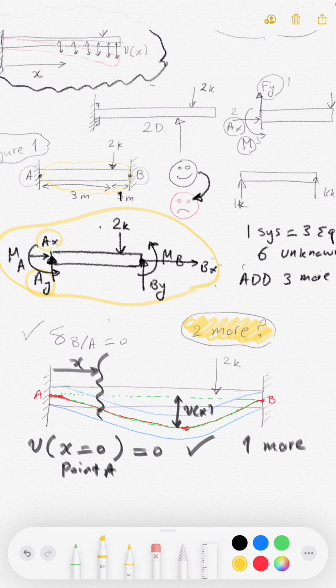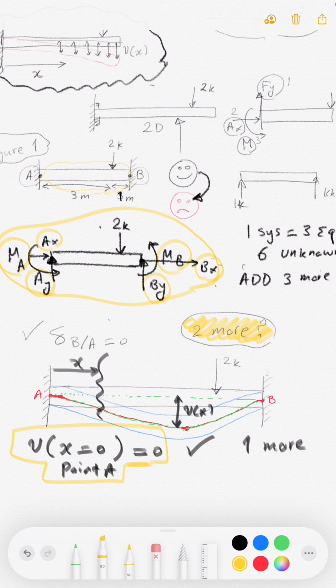AX, AY, MA, BY, MB, BX. 6 unknowns. So in fact, if I expand this equation that I just got, then I get one additional equation, in terms of AX, AY, MA, and BX, BY, MB, right? So far that is 5 equations.